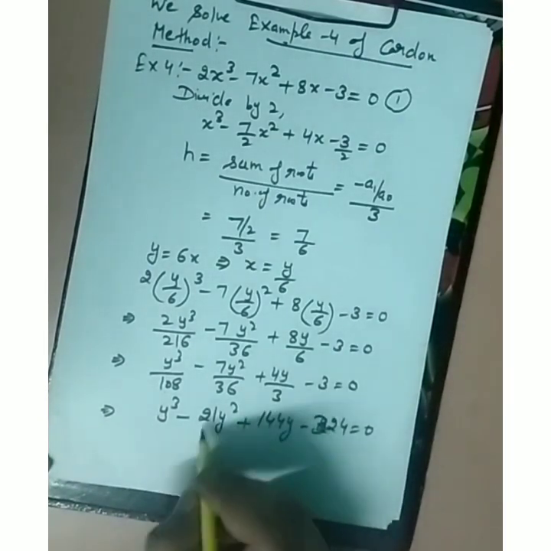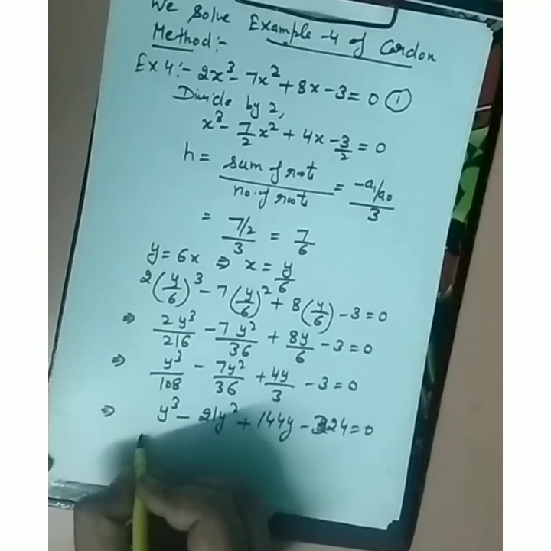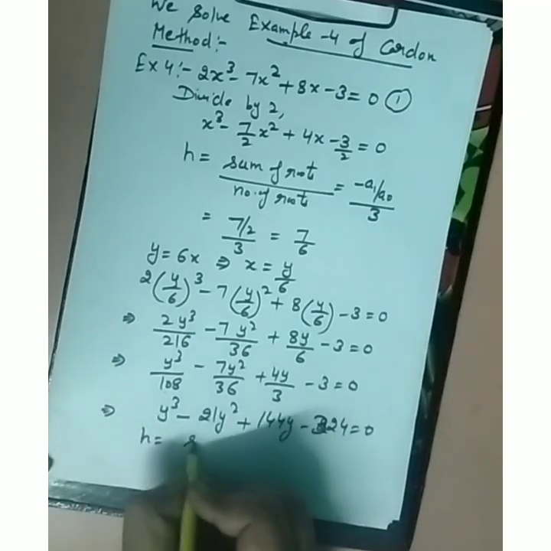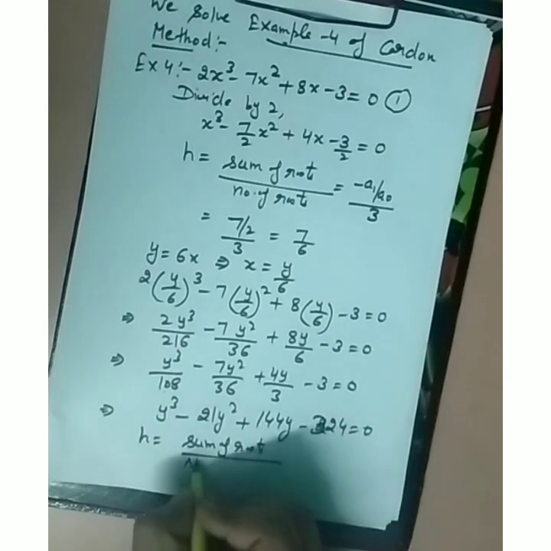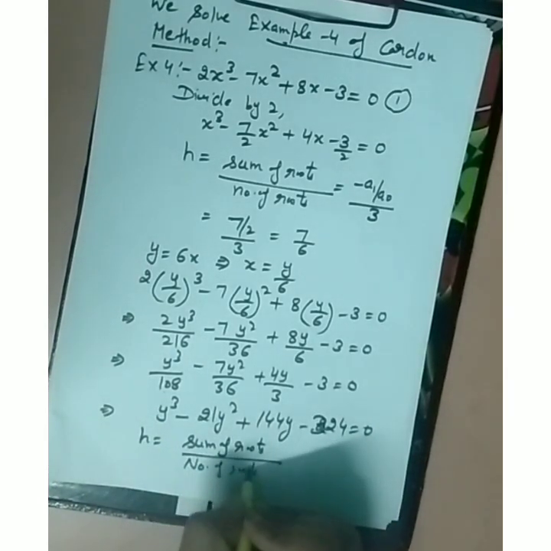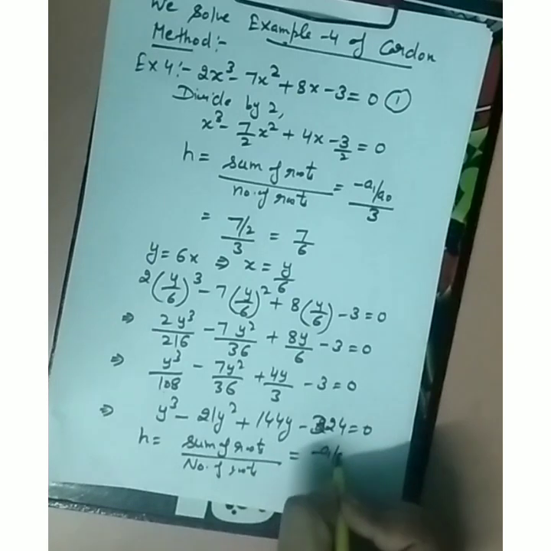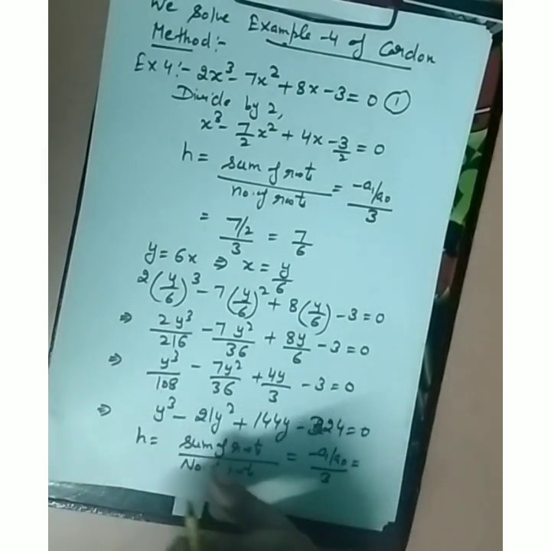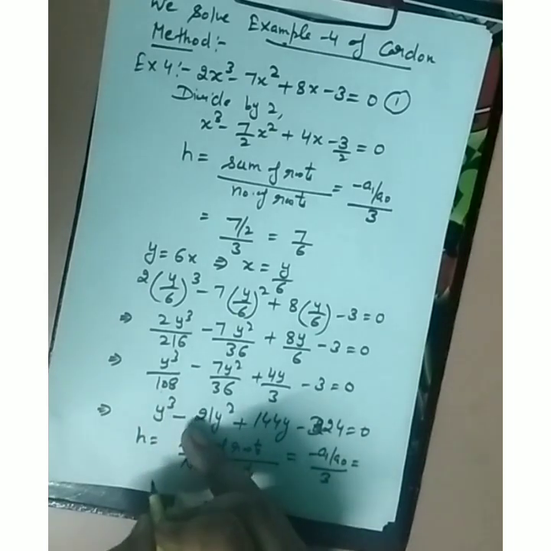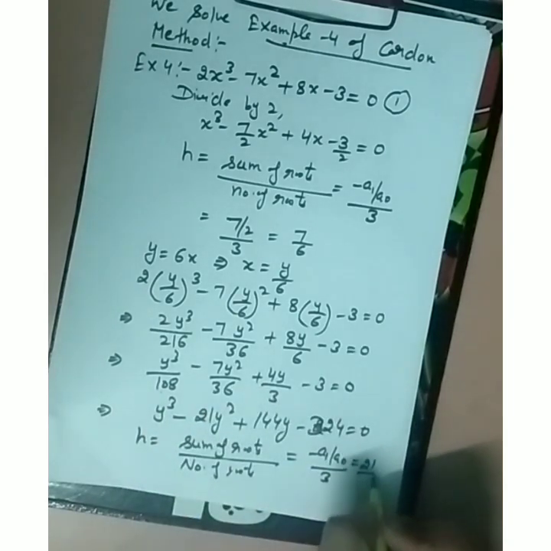So now we have to remove the second term. h is equal to sum of roots upon number of roots. So sum of roots is equal to minus a1 by a0, upon 3. a0 is 1 and a1 is minus 21. So minus minus, that is equal to 7.